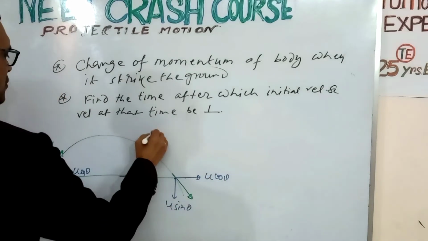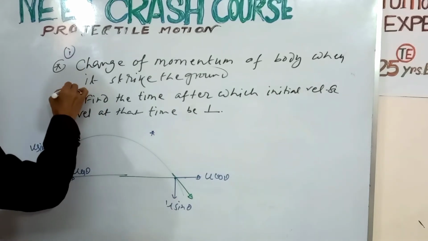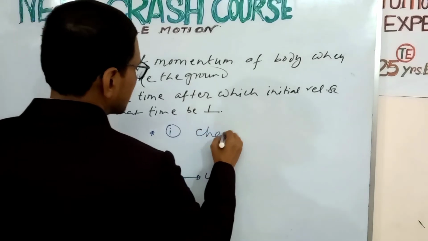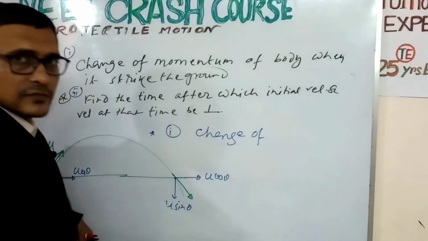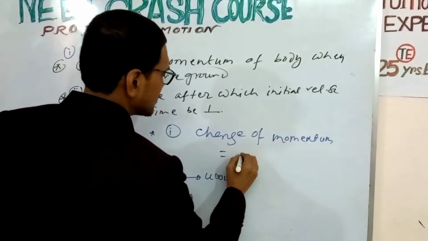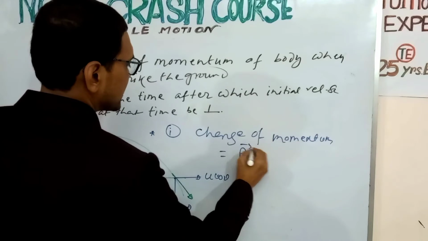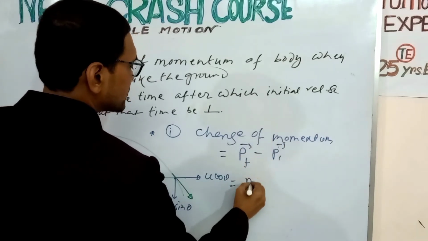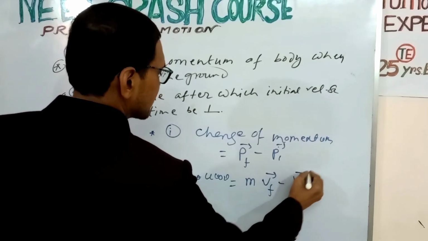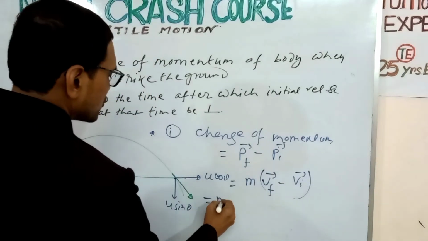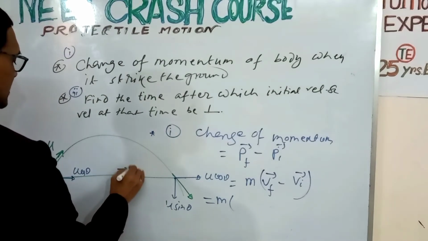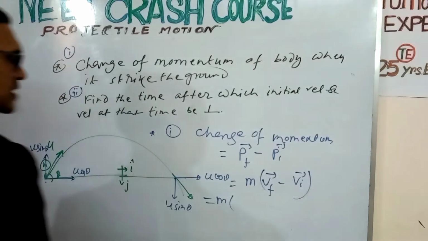So we know, change of momentum equals final minus initial. Now what is momentum? Momentum is mass into velocity. So we have to write the velocity in vector form, that is i and j form. If this direction is i and this direction is j, what is the final velocity?